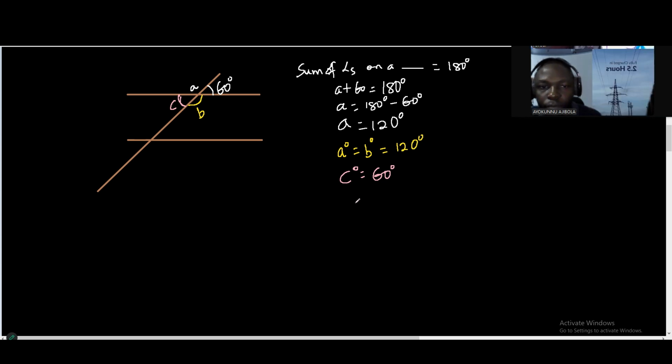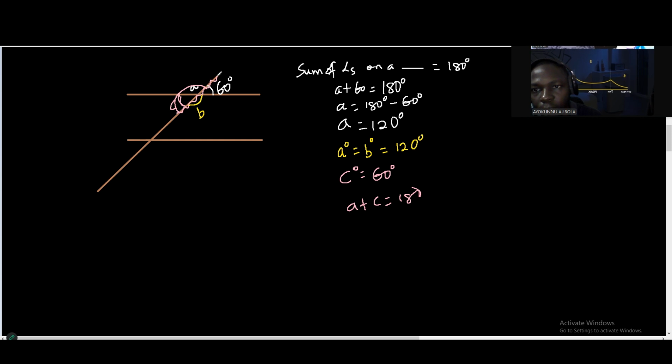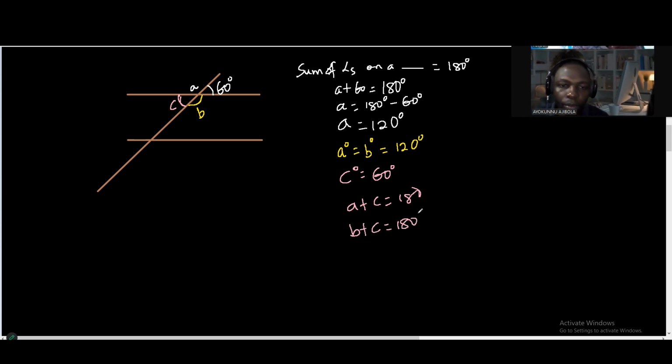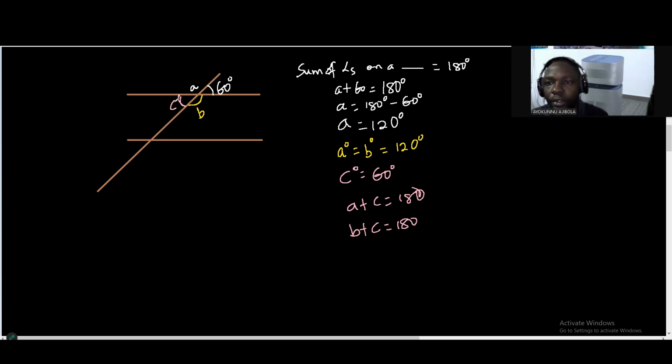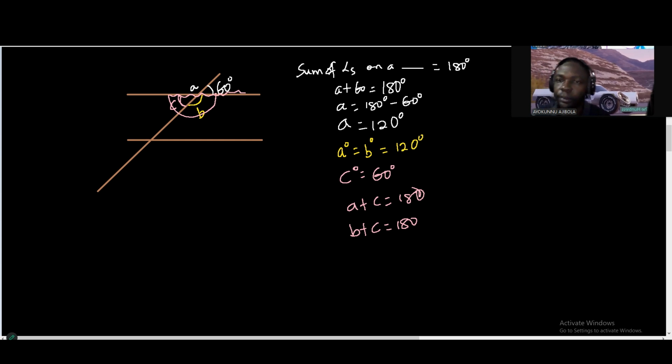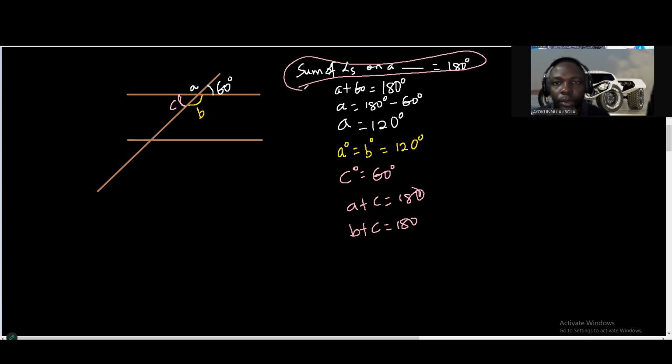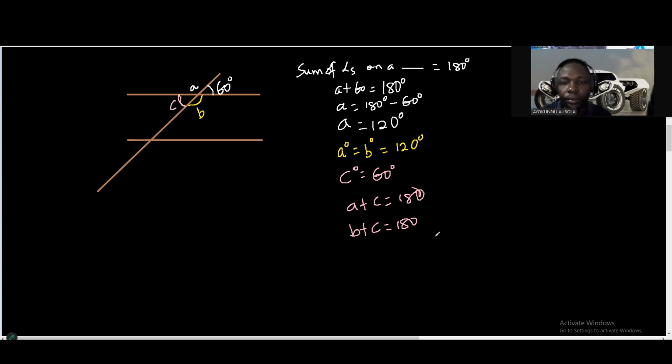Or we can say A plus C is 180 because both A and C are on this straight line. Or we can say B plus C is also 180. Why? Because both B and C are on a straight line, this straight line. So we have that the sum of angles on a straight line is what? 180 degrees.